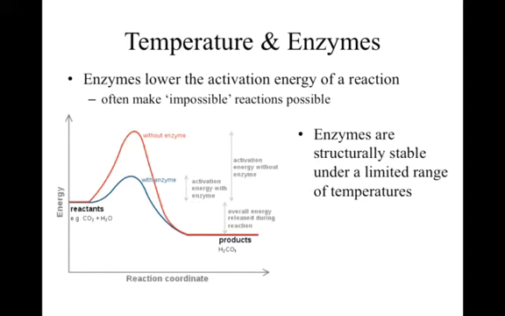Unfortunately, enzymes are structurally unstable, typically at high temperatures. And so they'll actually denature, which means they unfold and become floppy, and they no longer have the shape that they used to have. And if they don't have the right shape, they can no longer catalyze the reactions that they're supposed to.